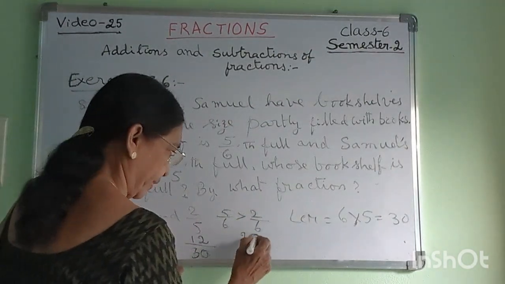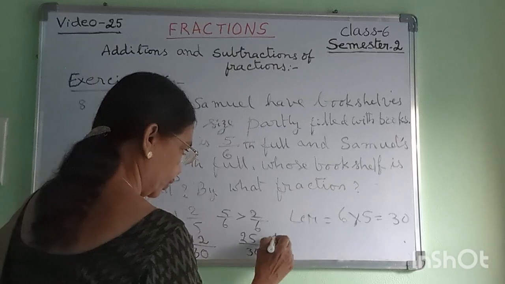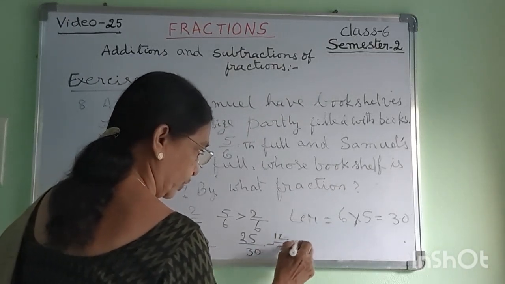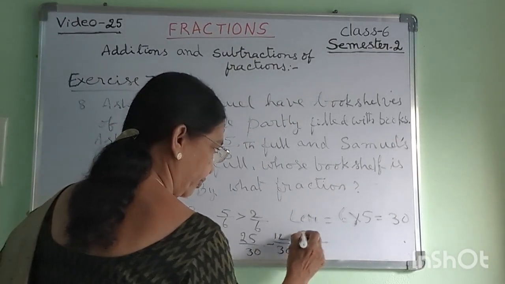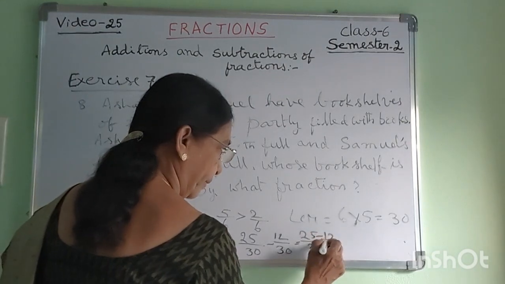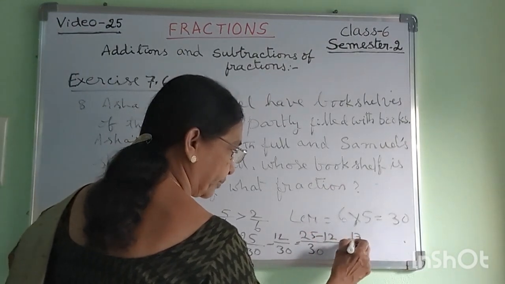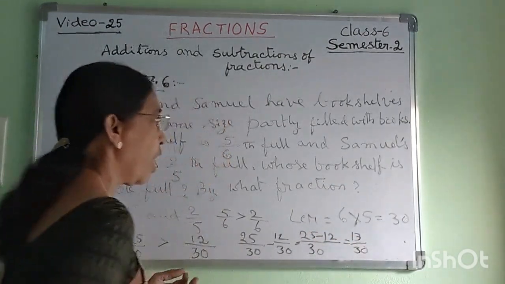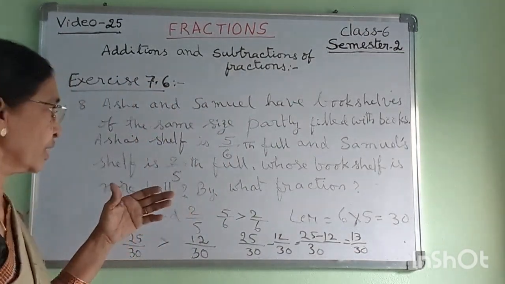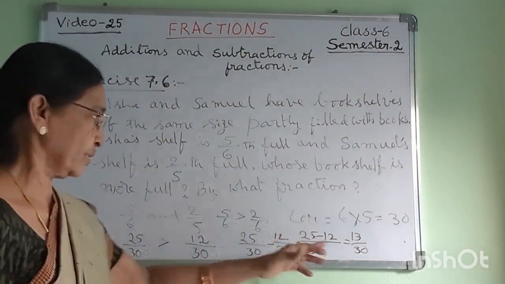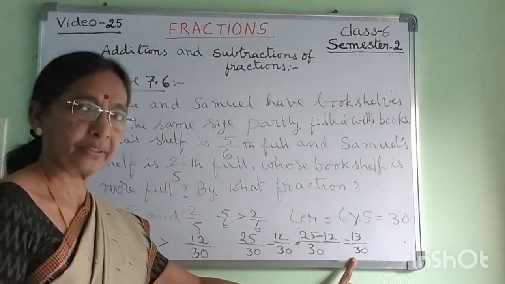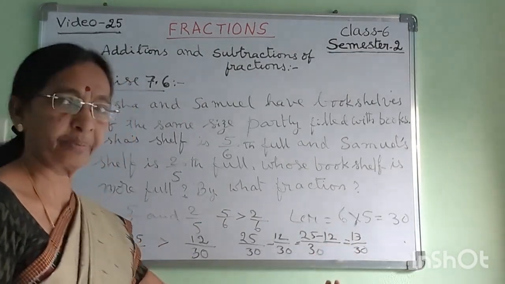Therefore 25 by 30 minus 12 by 30 is equal to 25 minus 12 by 30. That is equal to 13 by 30. So Asha's shelf is more filled with books by the fraction 13 by 30.